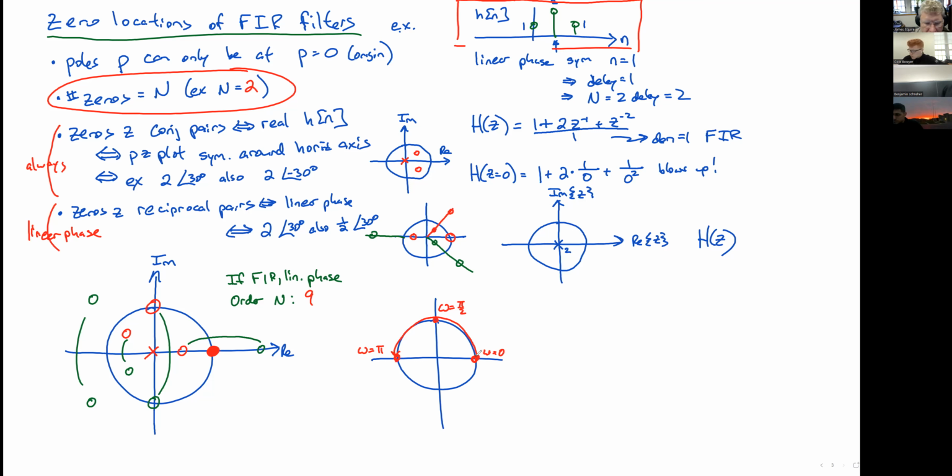So at our low frequencies, we're right on top of this zero. It's another way of saying our H of z is evaluated at z equals 1. This corresponds to z equals 1, this corresponds to z equals j, and this corresponds to z equals -1. So H of z at z equals 1 is on a zero. Therefore, H of z is going to be 0.